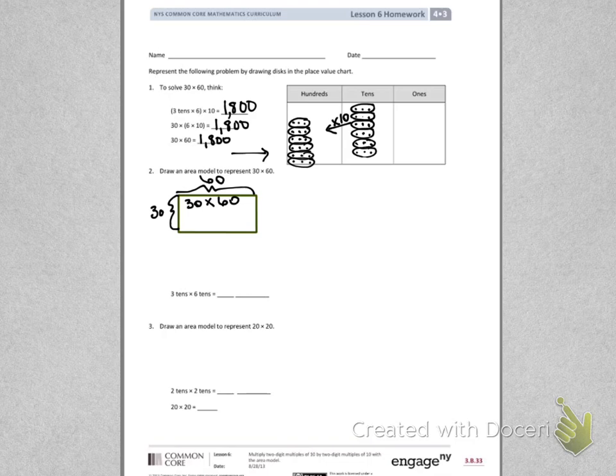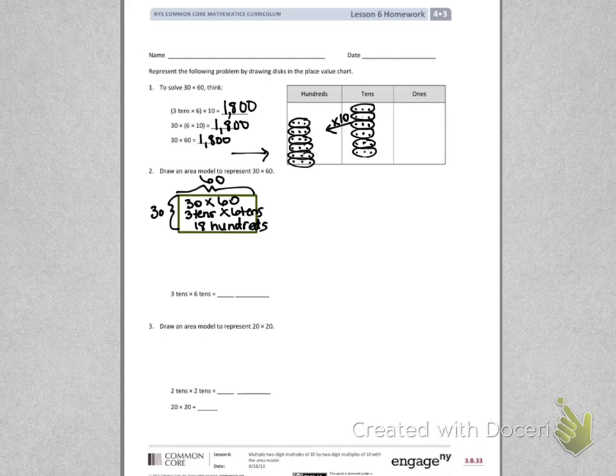And in class you might have seen all the little boxes, 30 and then 60. That's 3 tens times 6 tens. That's going to create 18 hundreds. And that's what our area model looks like.